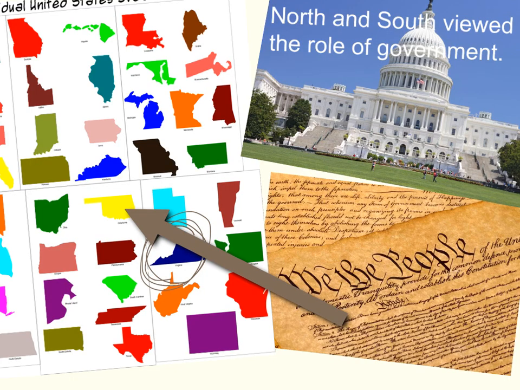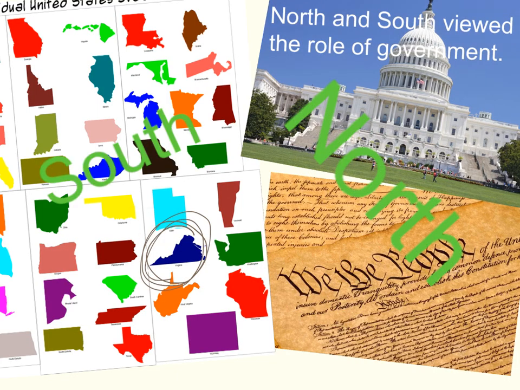They believed the states had more authority. So if we're going to divide them up real quick, it would look like this. The North favored the strong national government. The North believed the Constitution was the highest law, while the South believed the states were the highest authority, and the national government couldn't tell them what to do. The South believed that states had the right to nullify laws they didn't like.